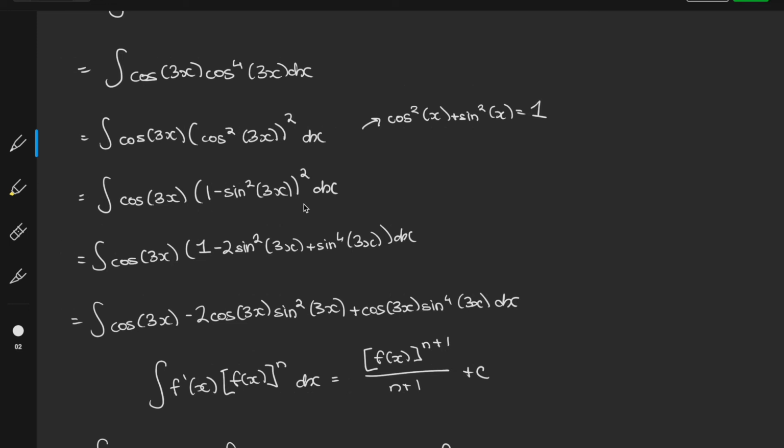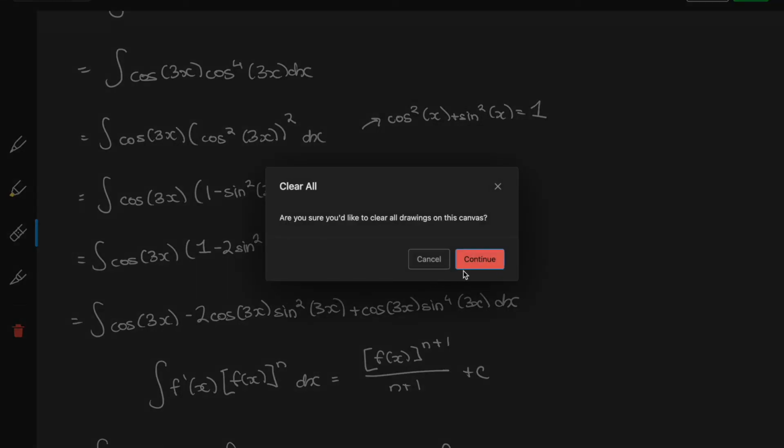So that's that done. And what we're going to look at now is integrals that are of the form of both. Now, the great thing about this is that we can actually use some lovely substitutions. So I'll get rid of all of this and we'll look at our next little bit.